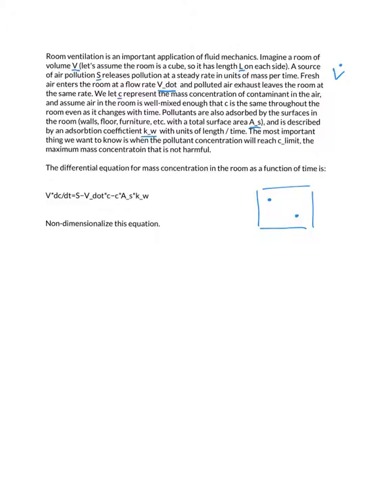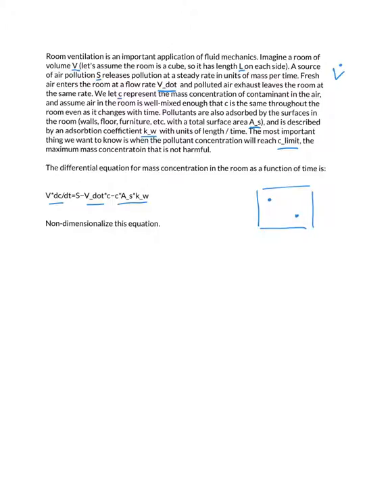The most important thing we want to know is when the pollution concentration will reach C limit, the maximum mass concentration that is not harmful. And the differential equation for mass concentration in the room as a function of time is V times dC/dt is equal to S minus V dot times C minus C times A sub S times K sub W.